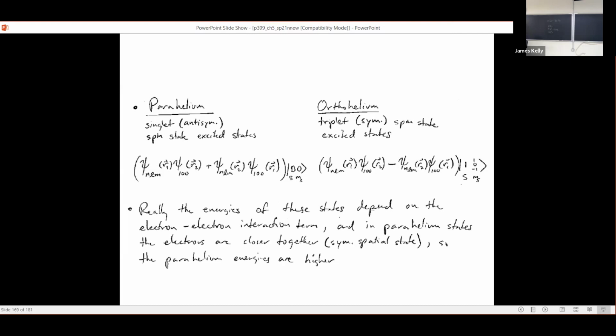When you symmetrize a wave function, you tend to get higher probabilities of the two particles being closer together. That means that the parahelium states, the ones where the spatial wave function is symmetric, tend to have higher energies. We ignored the electron-electron interaction, but if we make the spatial wave function symmetric, the electrons are going to spend more time near each other, and that means the electron-electron repulsion is going to add some energy to it.